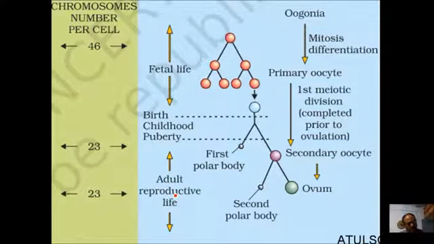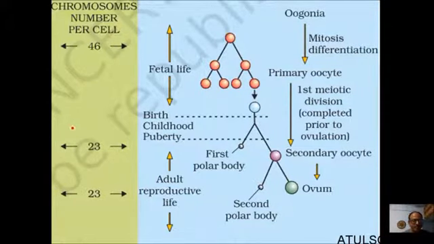Oogonia are very normal cells that will undergo differentiation and change themselves into primary oocytes. There is a large number of oogonia. They will undergo mitosis and increase in number, and then they will become primary oocytes. Now these all will be diploid.